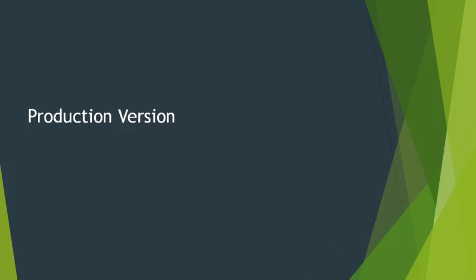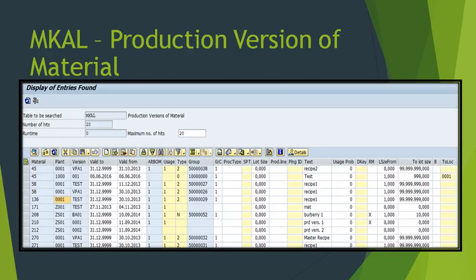Now the last master data is production version, and it contains one table, MKAL. So you can see this is the material, this is the plant, and this is the information related to the production version. So for this material in this plant, it has one production version 001.